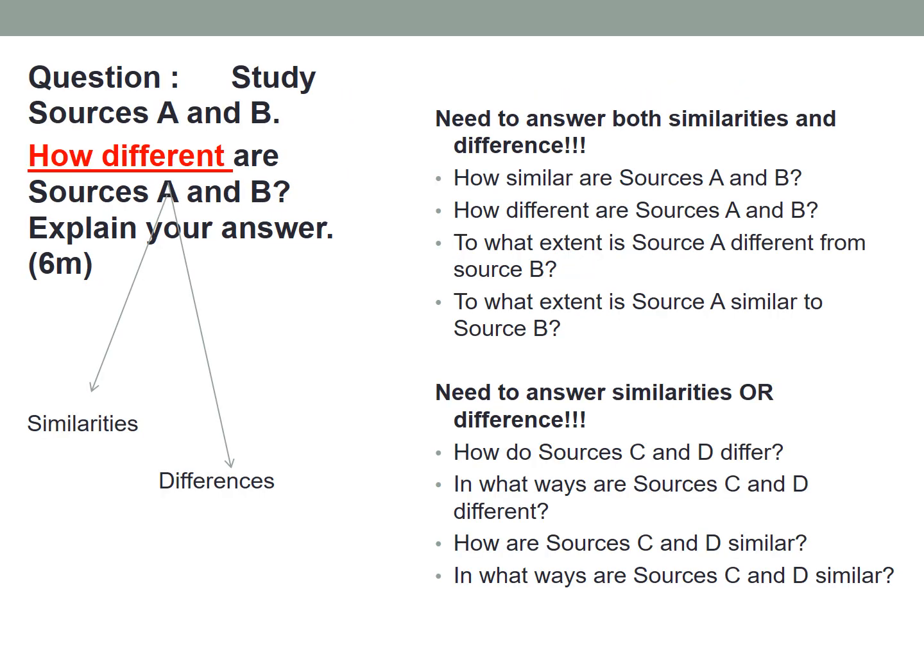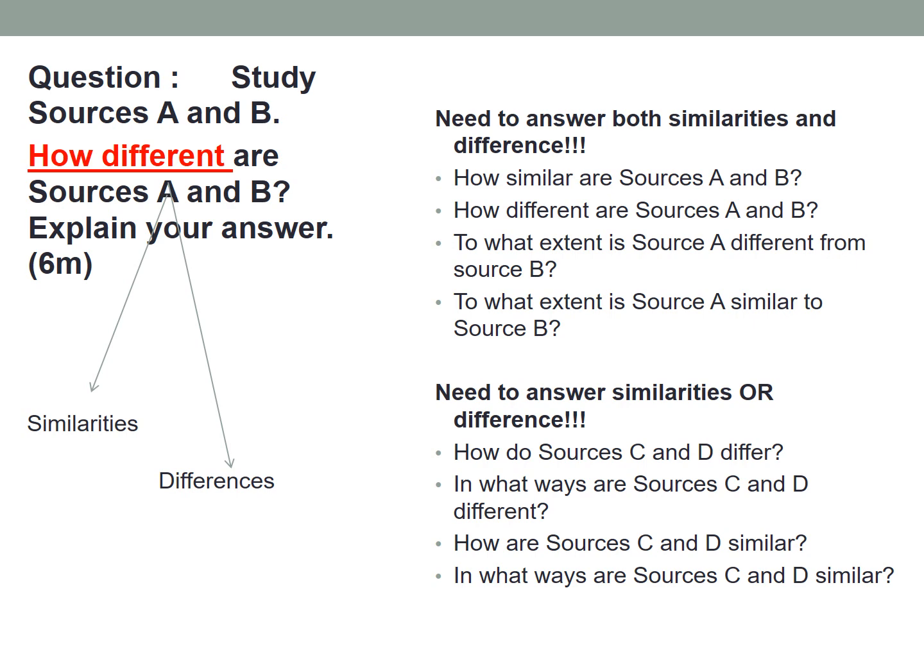Let's look at the question given to us today. Study sources A and B. And the question is, how different are sources A and B? Explain your answer. 6 marks.